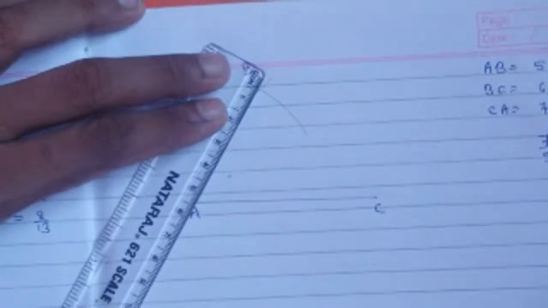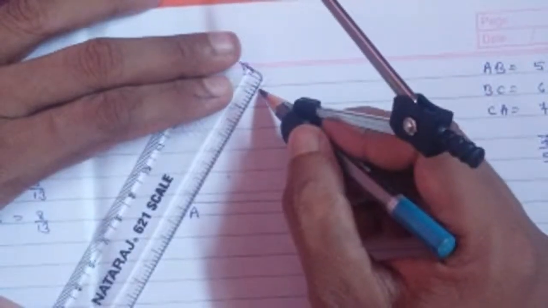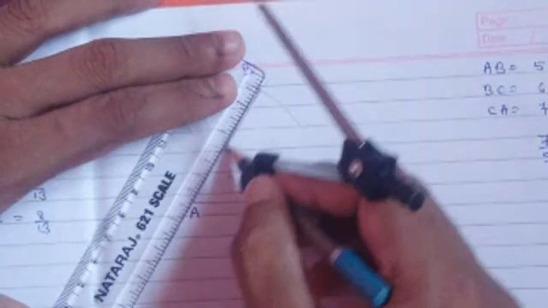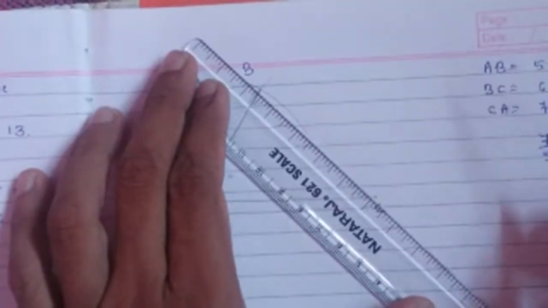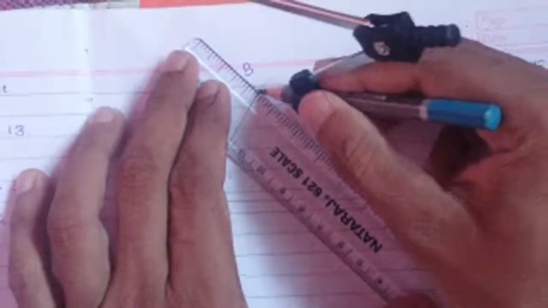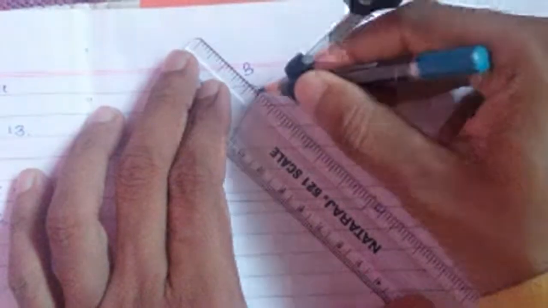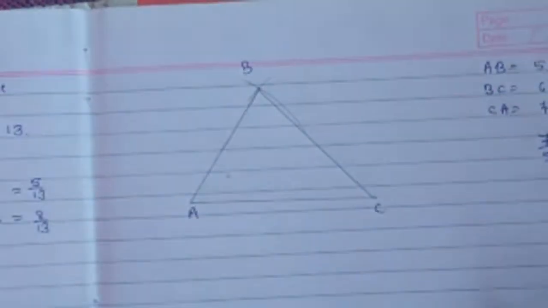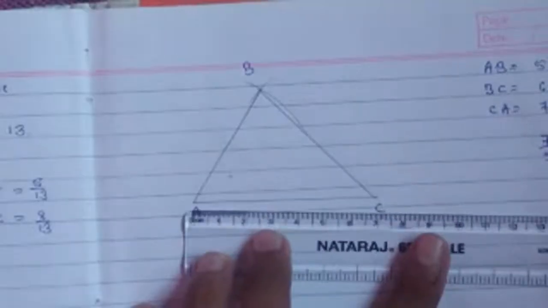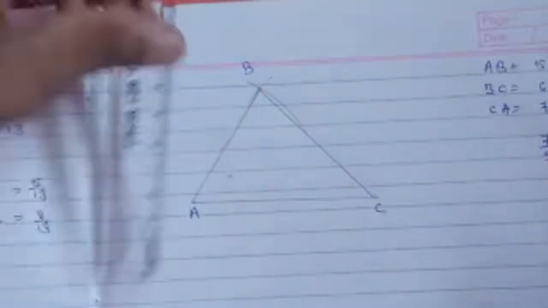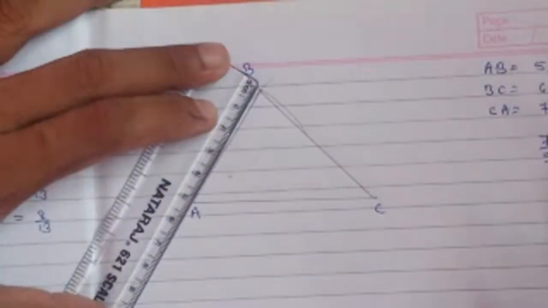Next thing is we have to join point AB and AC, then BC. Let's see this length. It is 6 centimeter, 7 centimeter, and this length is 5 centimeter.